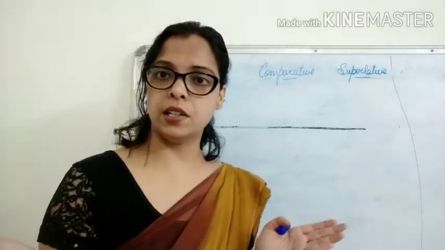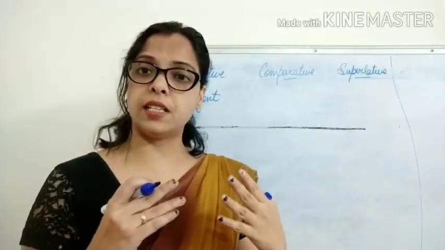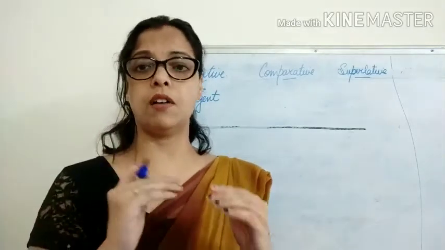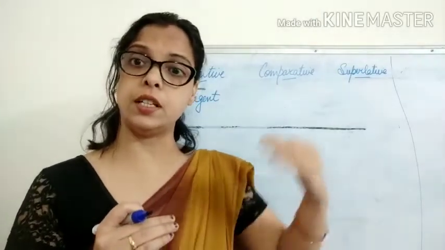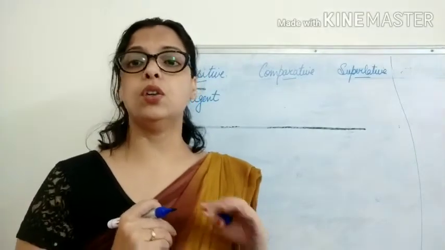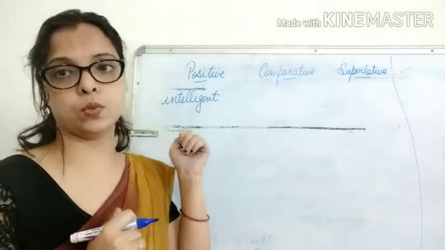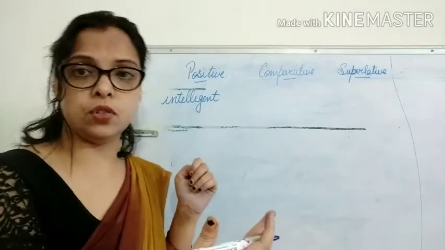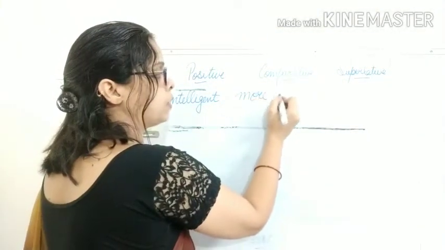So intelligent is okay. We are using the positive degree of comparison. But if I say Reena and Seema, 2 girls, and I have to compare between these 2 girls, what will you say, Reena is intelligenter than Seema? No, it is wrong. Here we will not change the original form. Instead we will add more to this word. So we'll say Reena is more intelligent than Seema.